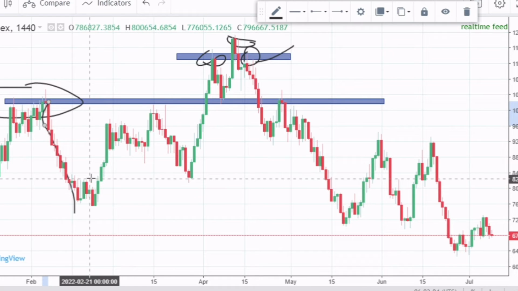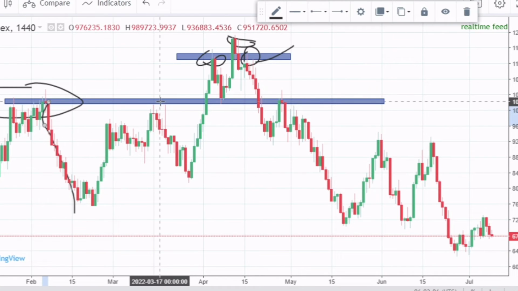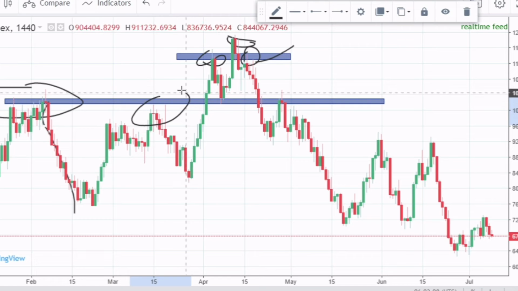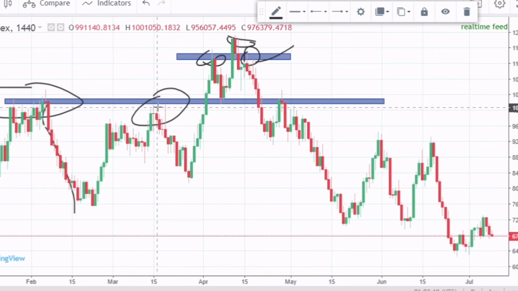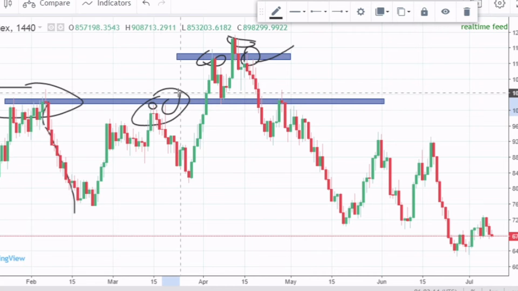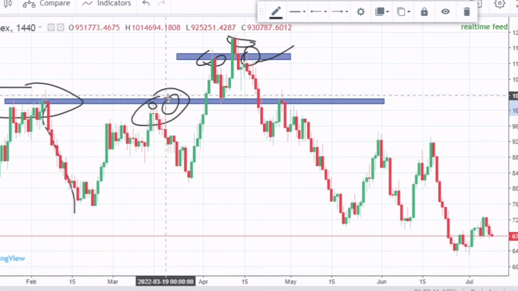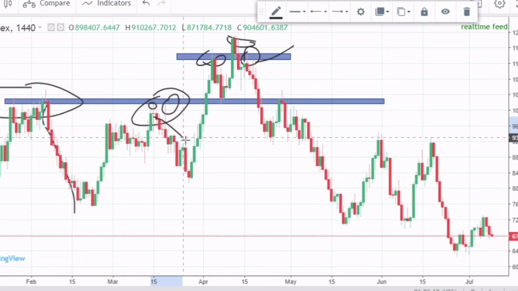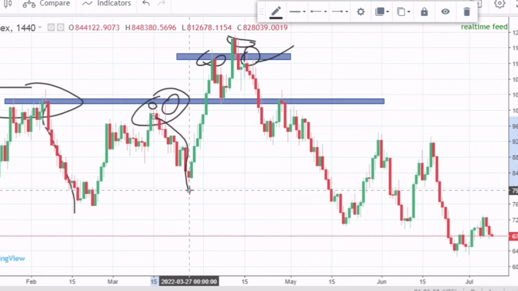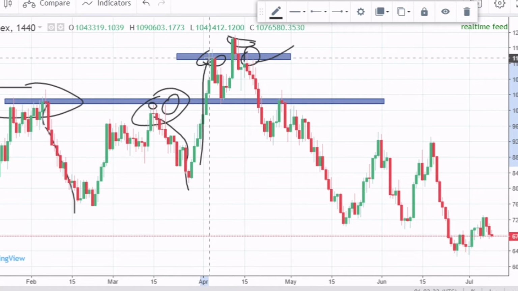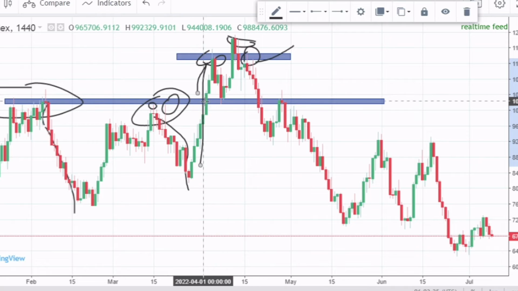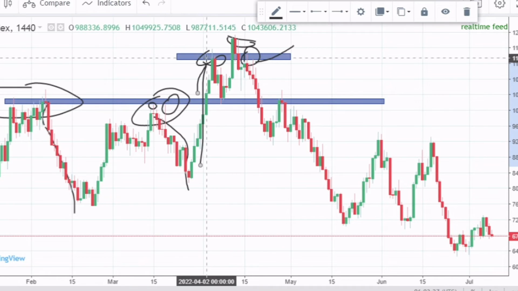You have two pins that retest it, and after that there was a sell-off again. The market rebounded and there was a break, but after the market failed to close above this region, it came back to retest it.